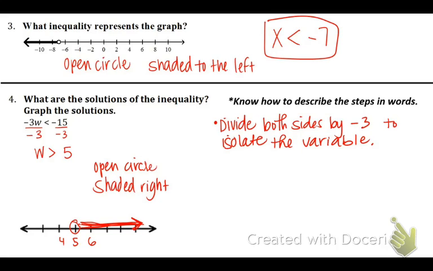Okay, when we divide both sides by -3, we flipped the symbol because we were dividing by a negative, so we want to write that.